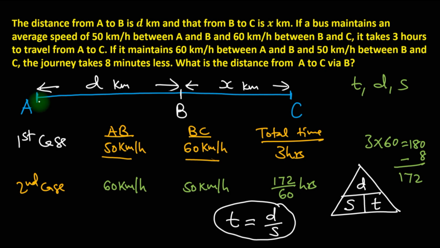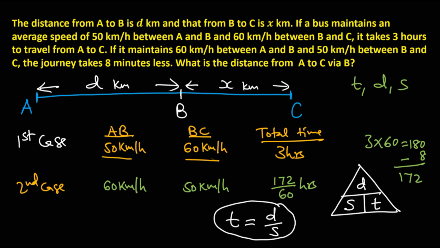Time is equal to distance over speed. In the first case, from A to B, the speed is 50 km/h, and that is the distance, so the time taken will be d over 50 plus, from B to C the speed is 60 km/h, so the time taken will be distance over speed, which is x over 60.